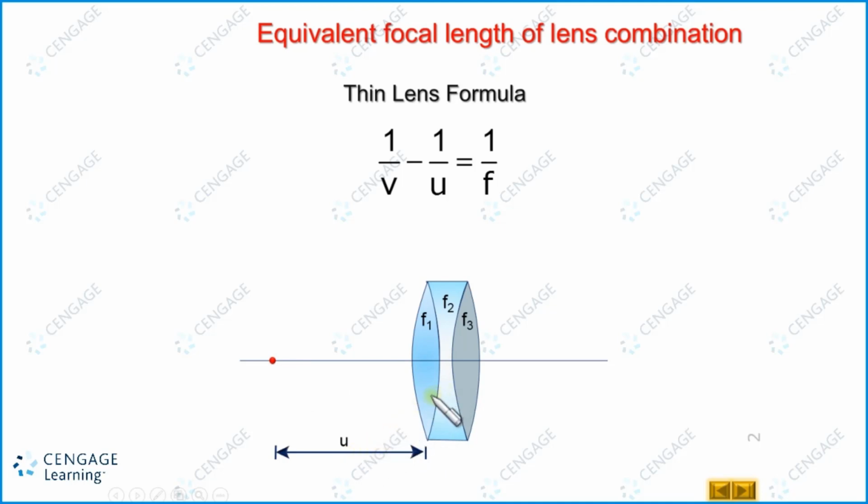Now consider one situation. Suppose we are interested to find the image position formed by this combination. One method is we first consider the first lens and find the image formed by it. The image formed by the first lens will act as an object for the second lens, and again we use the same formula and find the image position from the second lens, and this image will act as an object for the third lens, and so on.